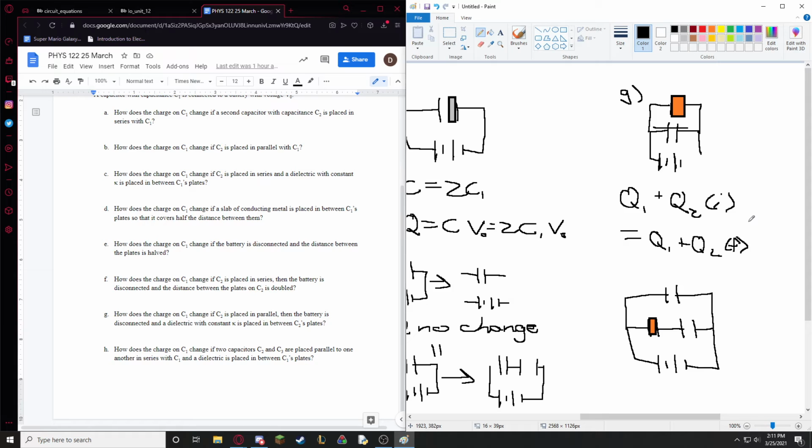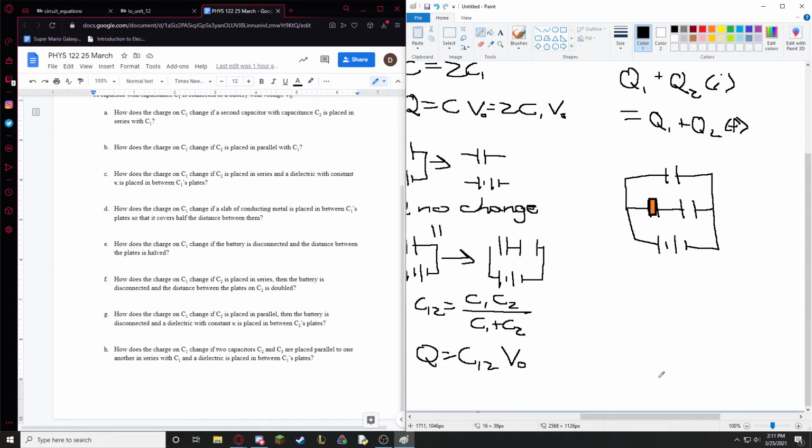First of all, what would be the total new net capacitance for the entire thing, C123? How do we find our total new net capacitance?